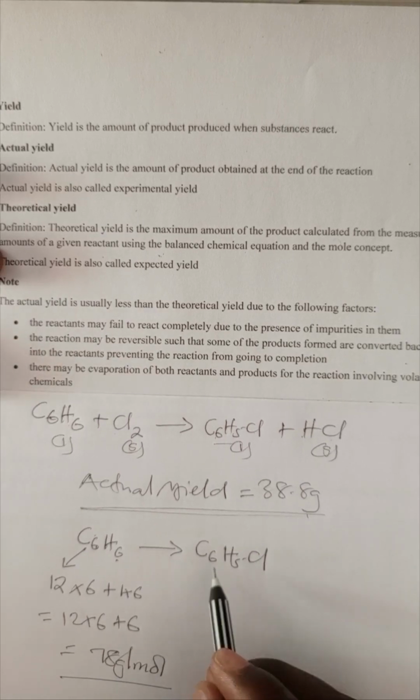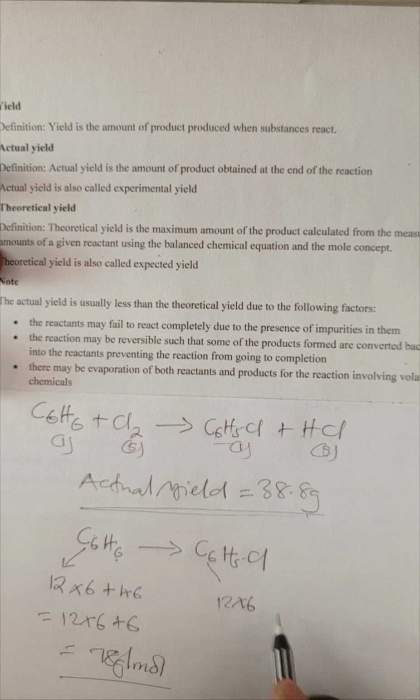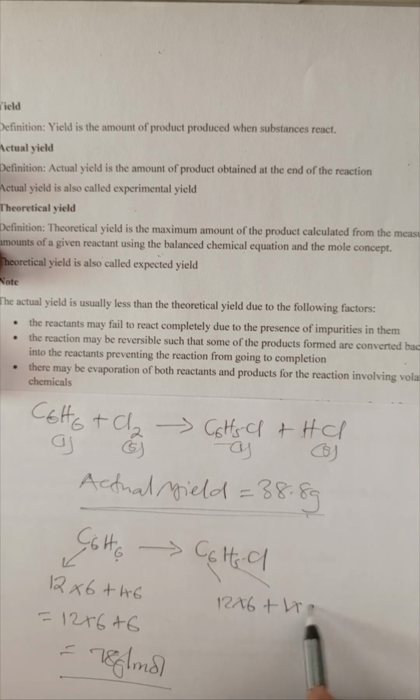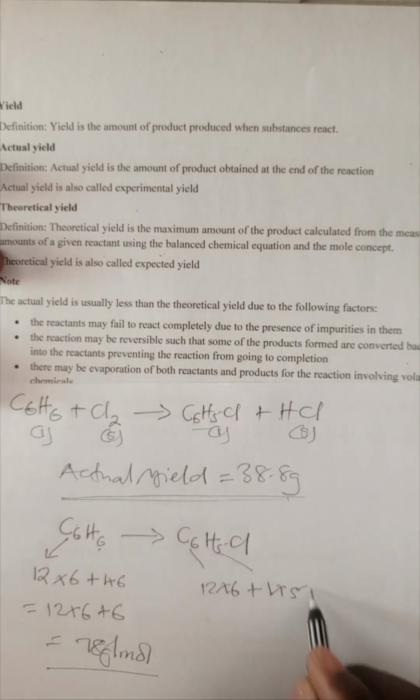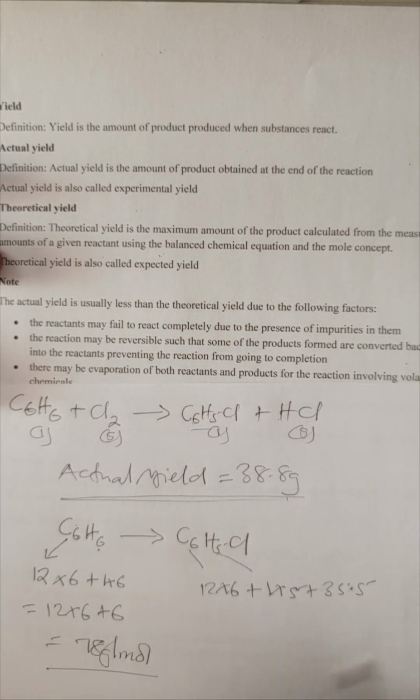You do the same here. Carbon is 12 multiplied by 6 plus hydrogen 1 multiplied by 5 plus chlorine is 35.5. That's the mass number.